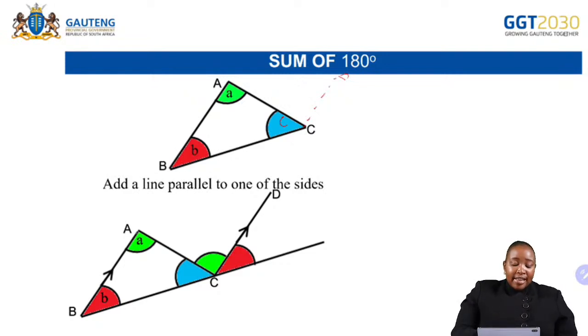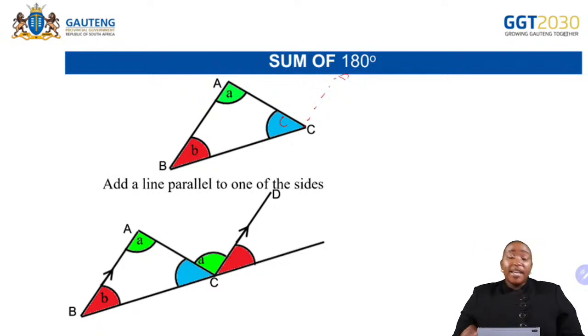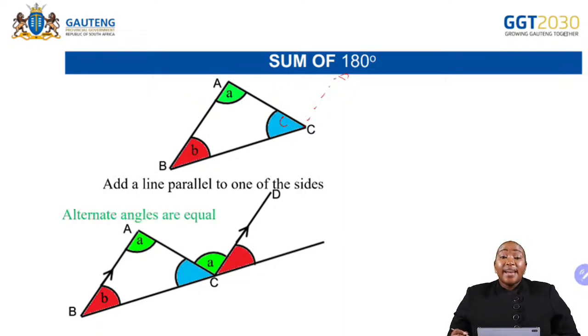Do you see now that AC is your transversal because it's cutting through your lines AB and CD? Therefore, angle A there would be equal to the angle that is formed at C. Those two angles are alternate angles, and therefore they are equal. You know alternate angles are equal if the transversal cuts through parallel lines, right?